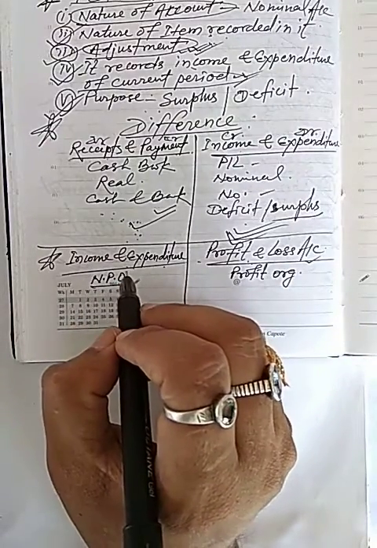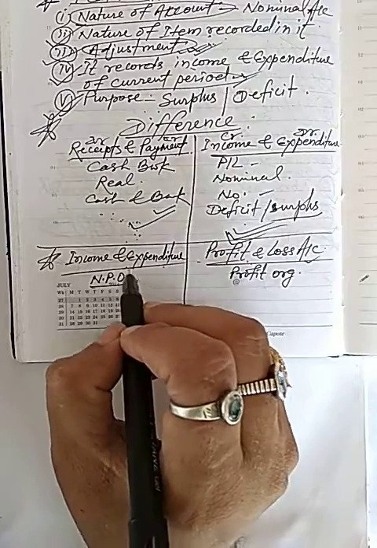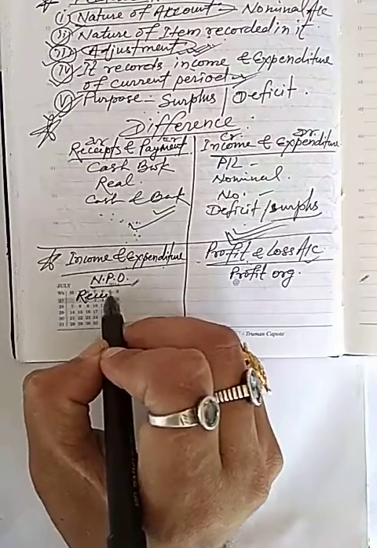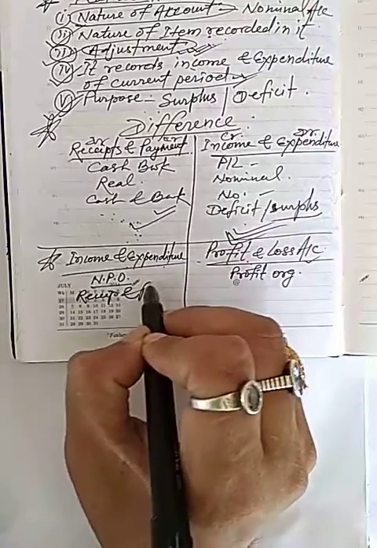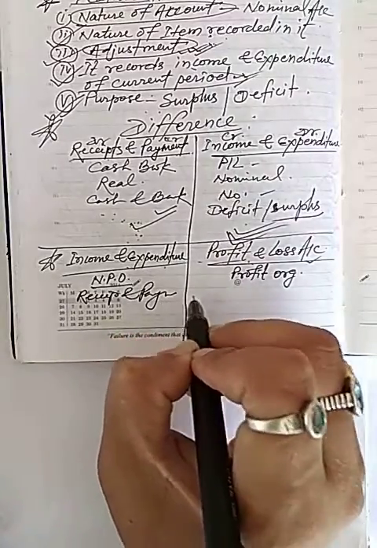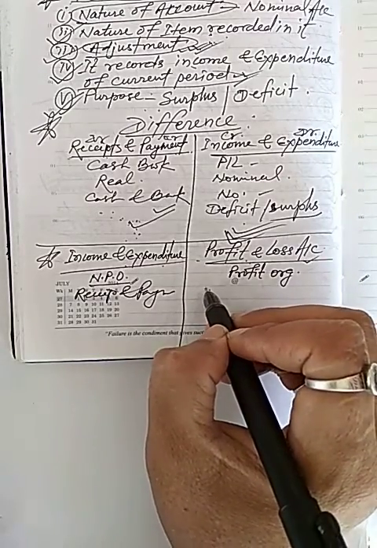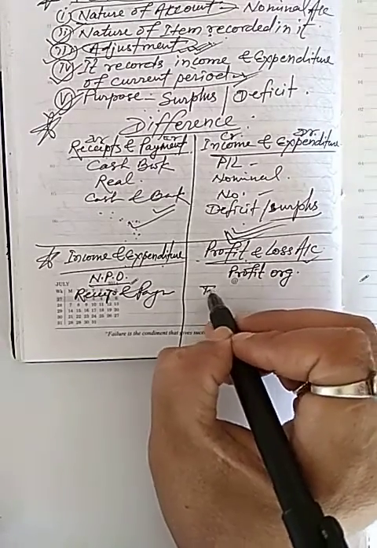Income and expenditure account is prepared mainly on the basis of receipt and payment account, but profit and loss account is prepared from the trial balance.